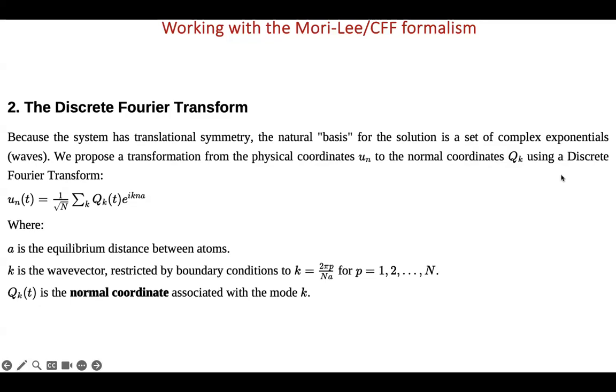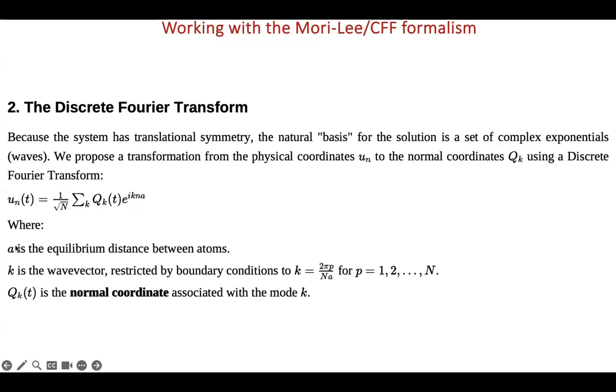The natural basis for the solution is a set of complex exponential waves, and we propose a transformation from the physical coordinates u_n to the normal coordinates q_k using a discrete Fourier transform. So this is a Fourier transform. Now, the equilibrium distance between the atoms in our system is set to a.